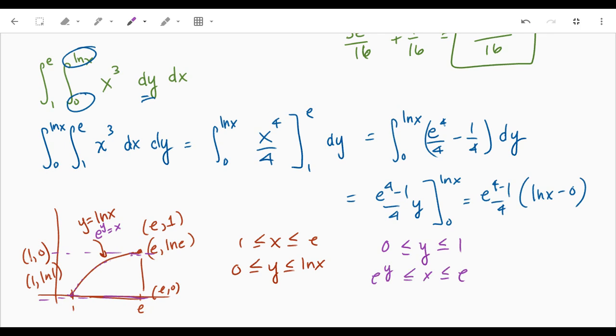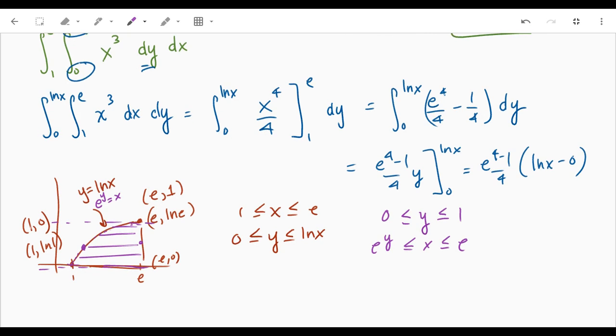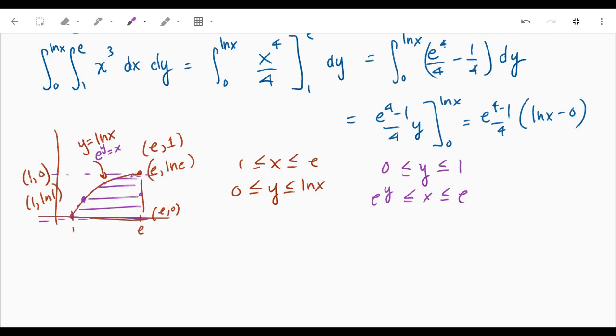So any of your y values would be between 0 and 1. Any of your x values are between this function and this function. Just like that. So I could do the same thing and do my integral 0 to 1, integral e to the y to e, x cubed, dx first, and then dy.